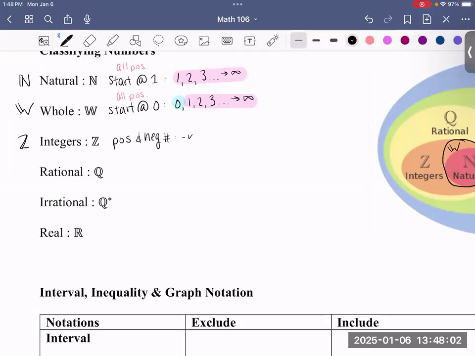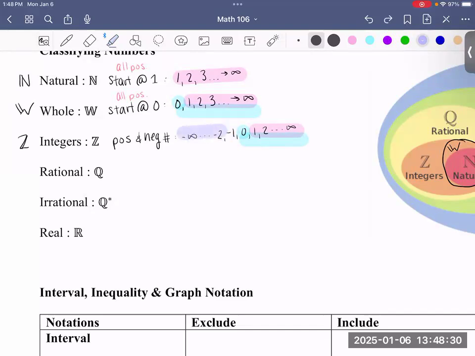You can go all the way from negative infinity, creep up, maybe -2, -1, 0, 1, 2, and then go all the way off towards infinity. You'll still see your natural numbers and your whole numbers, and with your integers, we're adding the negative counterpart.